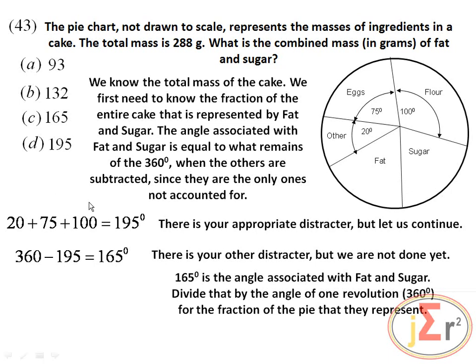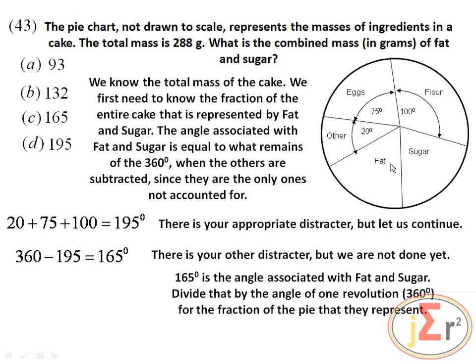So what we have done here, we have found the angle associated with the known elements of the ingredients. Right. So we have the known ingredients right here. 20 degrees, 75 degrees, and 100. Those are the ones that are known. We have found the combined angle.